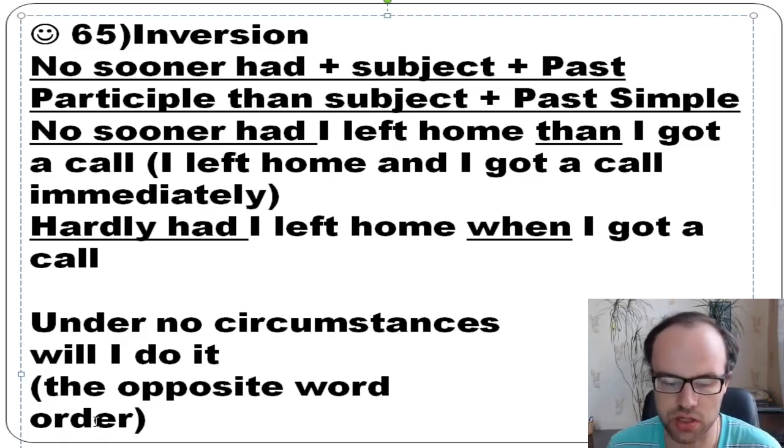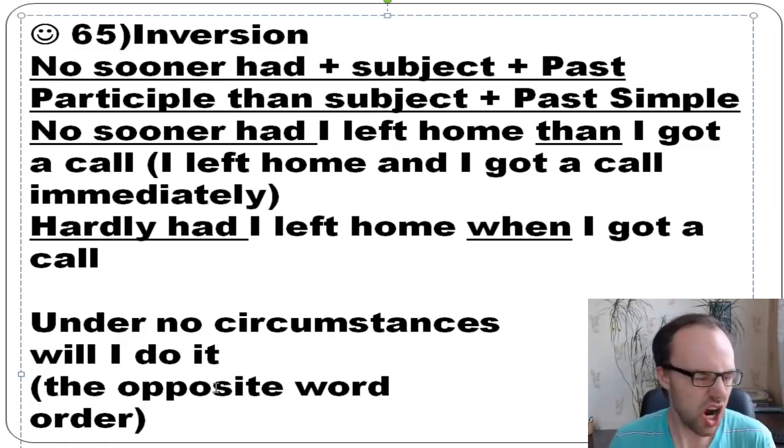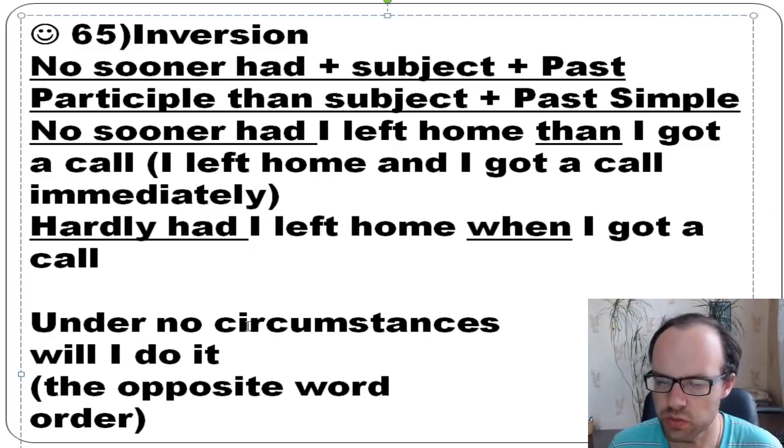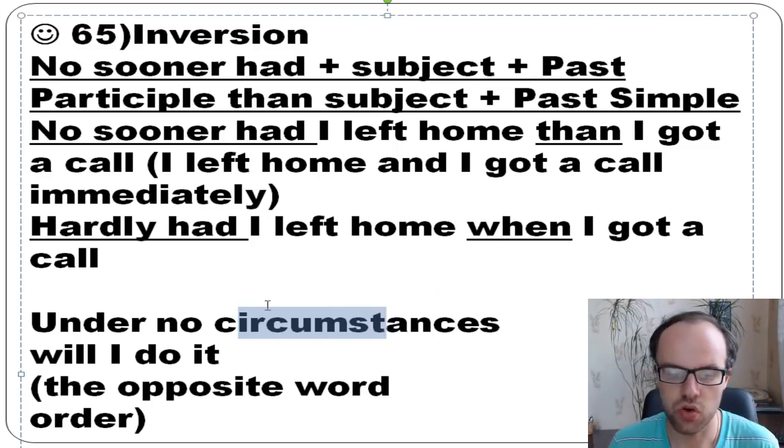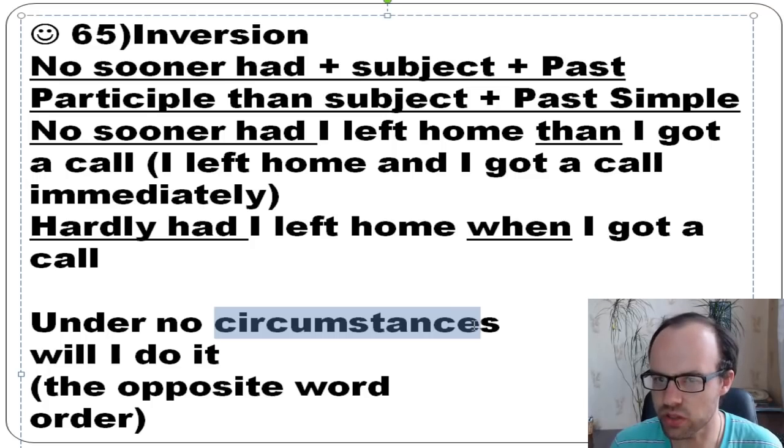Under no circumstances will I do it. So I will never do it. It means I will never do it, okay? So what does it mean, circumstances? It means different situations. So maybe there will be different situations, but I will never do it, okay?